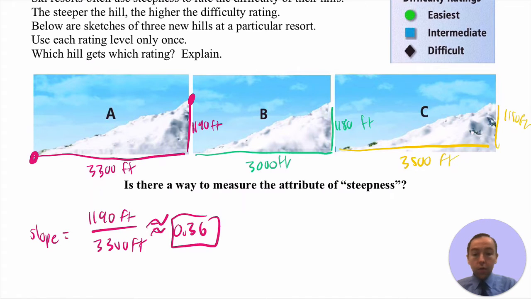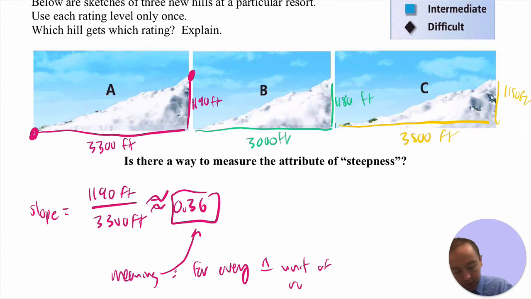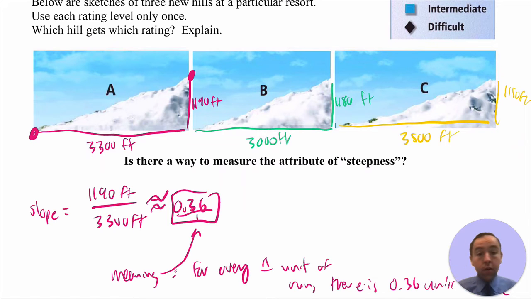0.36. The meaning of this is that for every 1 unit of run, there are 0.36 units of rise, because 0.36 is really 0.36 over 1, so the top number tells you the amount of rise, and the bottom number tells you the amount of run.